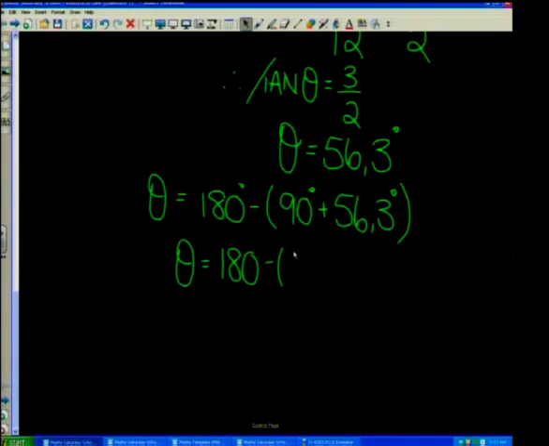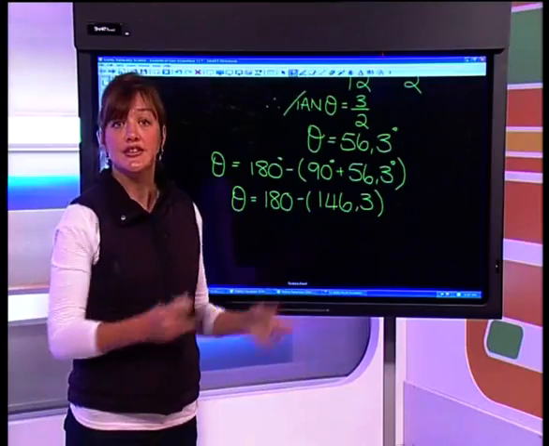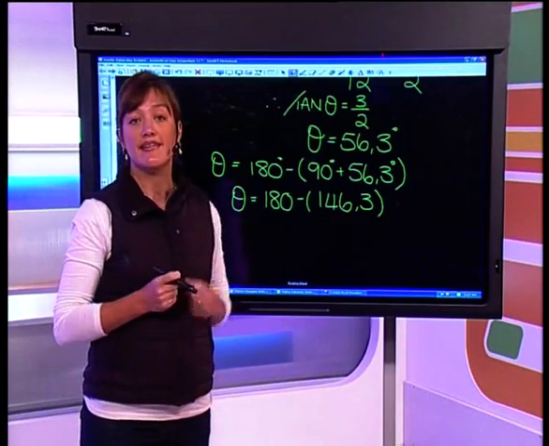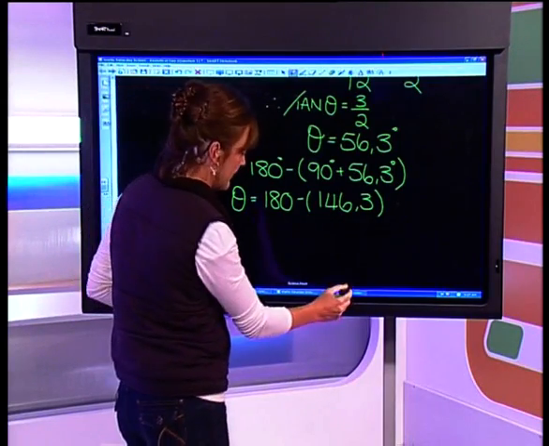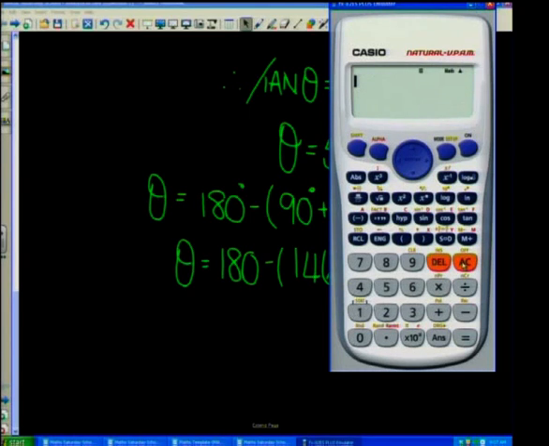Okay, so we've got 146.3 in our brackets. And obviously what we now need to do is take 180 and minus our 146.3. 180 minus our 146.3.